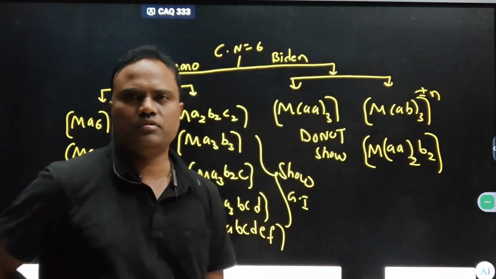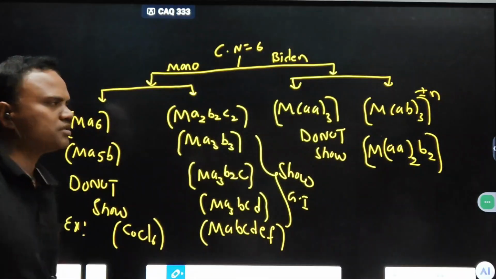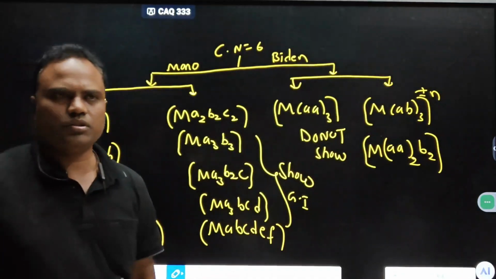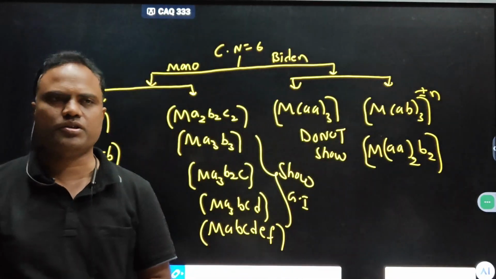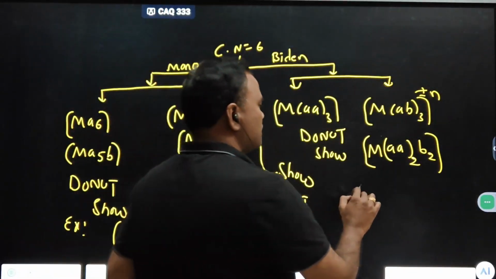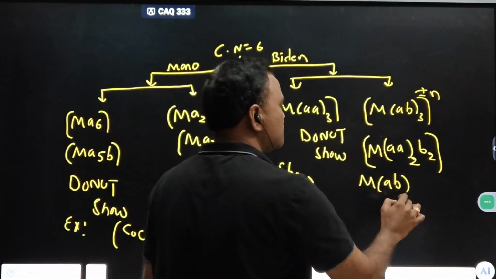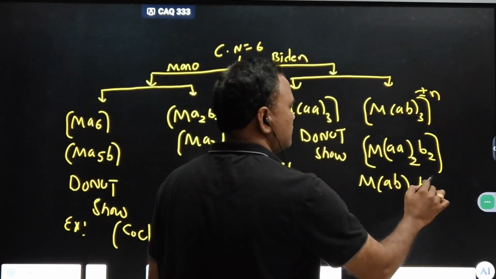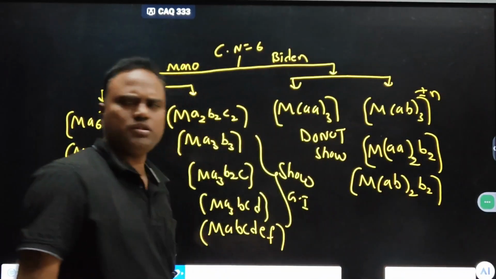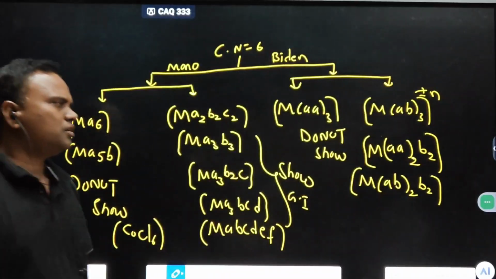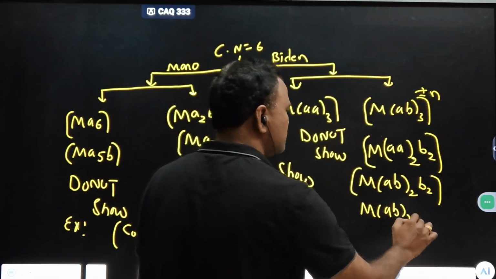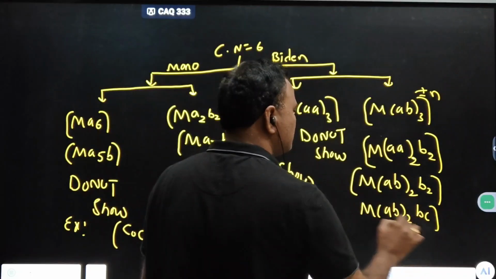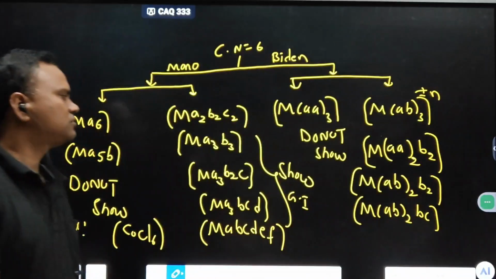B2 is monodentate. Within the square bracket, bidentate ligands will be mentioned. Remember, within the brackets, bidentate ligands will be mentioned. Next category, AB taken twice, B2 or C2, anything you can take. Next, can I take this one? M, A, B taken twice, B, C. Yes.